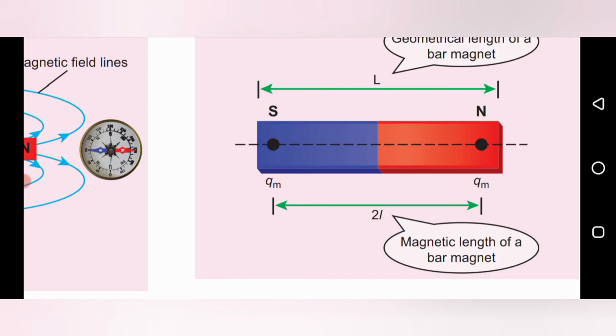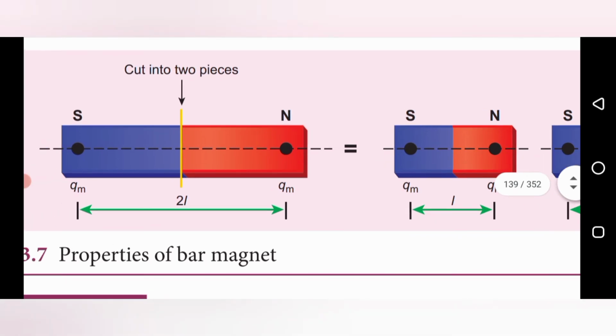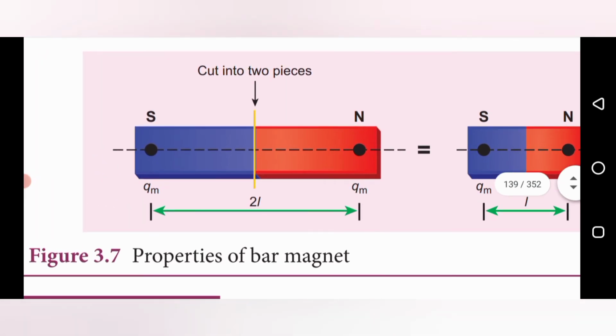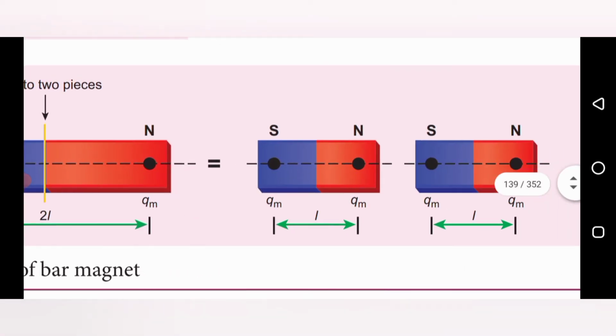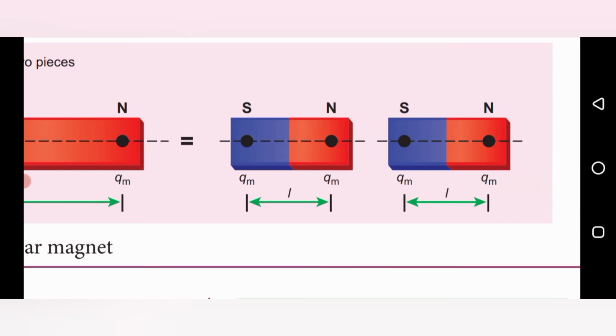Generally we refer to it as 2L or equal to D. And also, when a magnet is cut into pieces, it forms two poles. Not a monopole, it is always a dipole. Here is a bar magnet, and we cut it into equal halves. Then we get two pieces, and each of those two pieces has two poles, separated by a distance. That is the main property of the magnet.